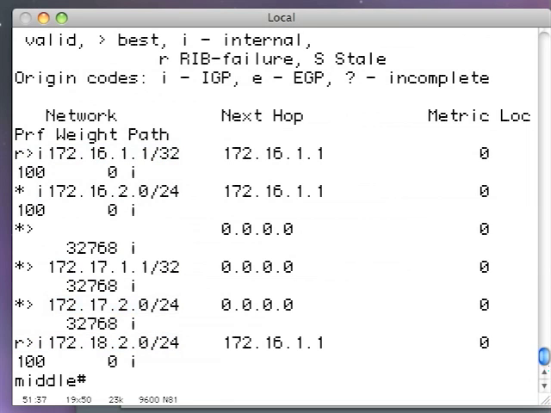There's 5 of them, including 172.16.2.0. And for some of them, the next hop is the loopback address of the top router.